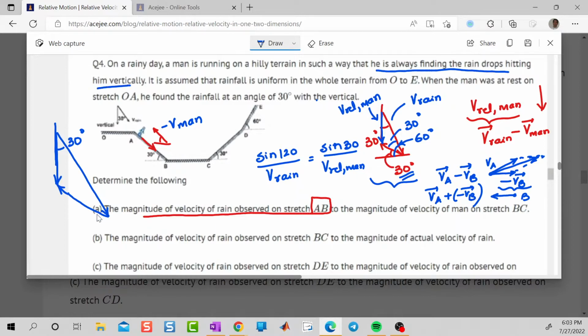So whatever was happening with V man, it should be in such a way that the sum of the two vectors, which is V rain plus minus V man, should be vertical. So this will be your V rain with respect to man, or the relative velocity of rain with respect to man. Is that part clear?